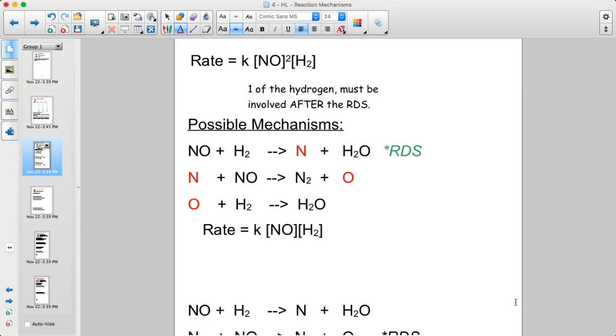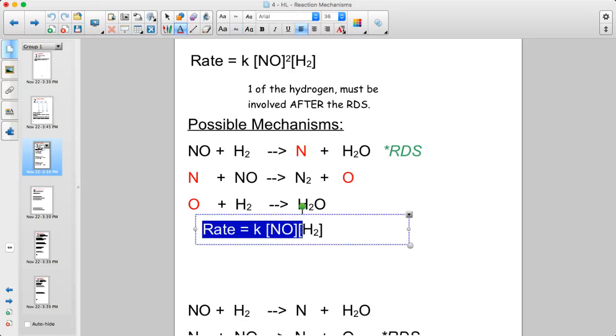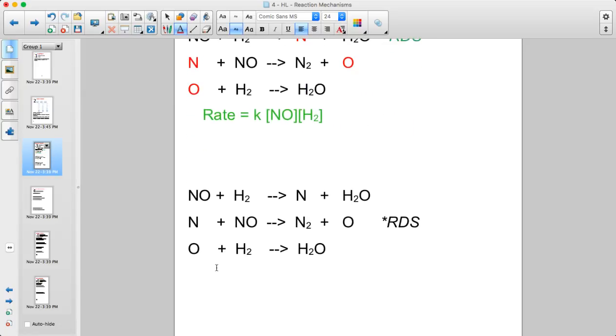That does not match what we know from our data, or what was given to you, this rate equation up here. So it doesn't match. That means maybe the mechanism isn't wrong, but the rate determining step is not the first step, because it gives us a rate equation that doesn't match the one we're given in the problem. Okay? So let's move on to the next one.